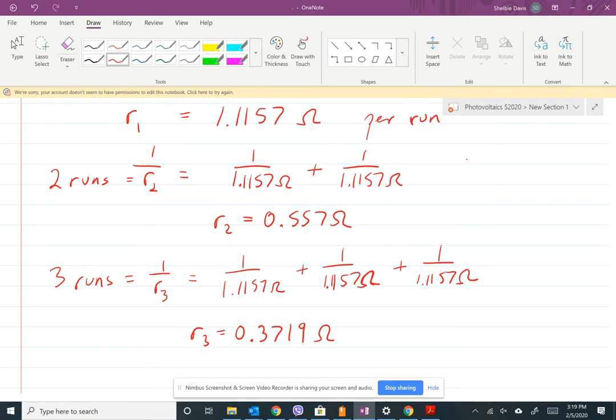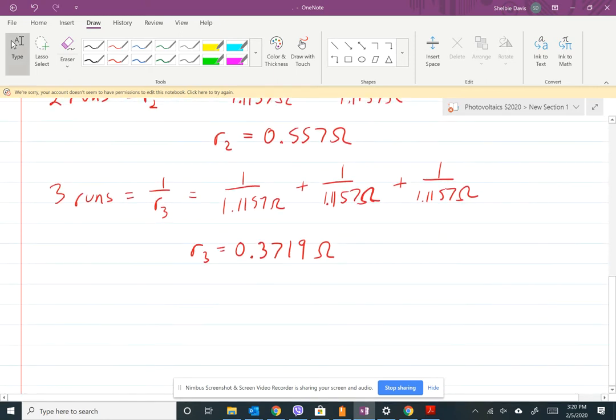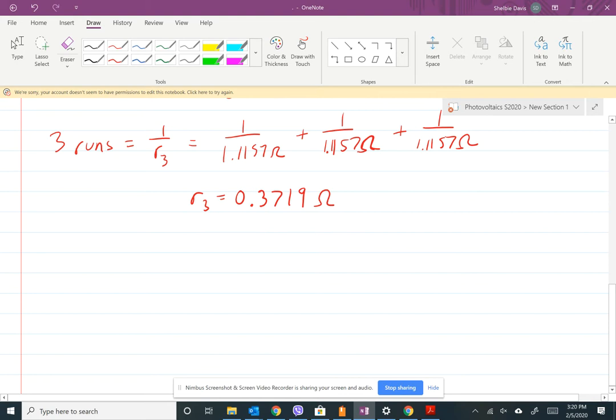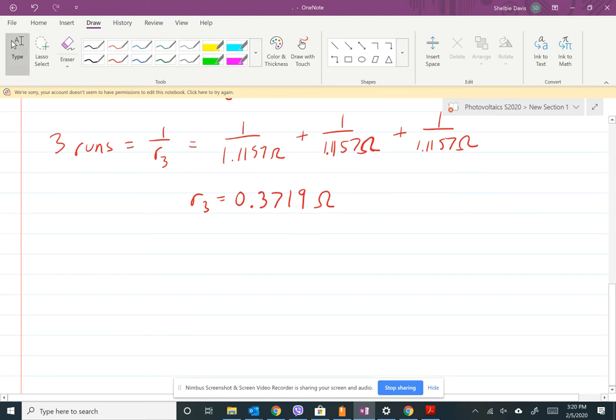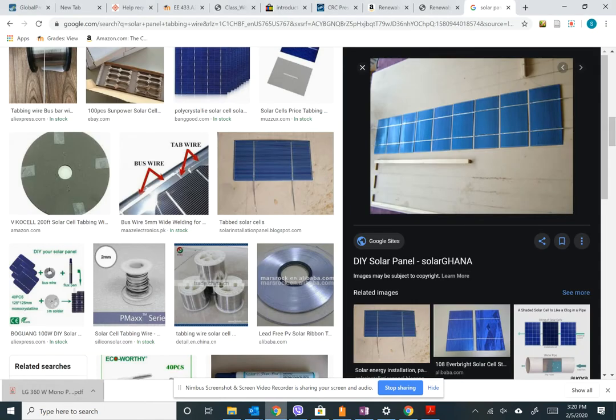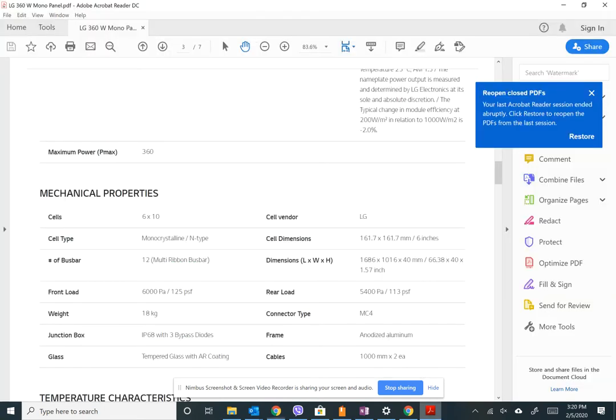So then we can take a look at the power loss, because that's what it's asking us about. So for one run, we won't use the ISC because that's kind of an extreme current. We'll use the maximum power point, which is where the cell will be producing most of the time. So if we go back to our spec, there we go.